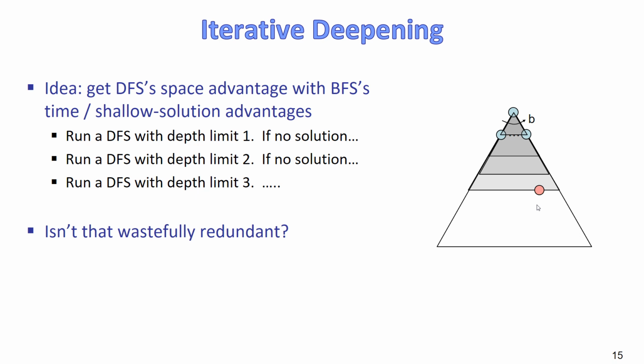Now the question is whether this is a waste of time, because it seems like we are doing some processing repeatedly. For example, some of the nodes that are at level 3, at tier 3, will be processed in iteration 3 and also in iteration 4, because we are doing depth first search from the beginning.